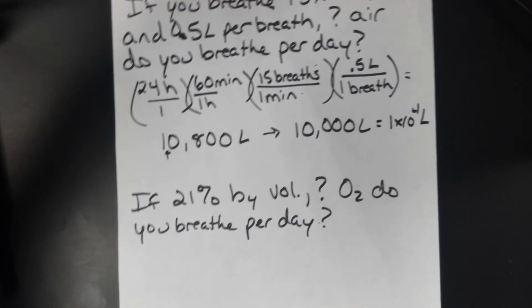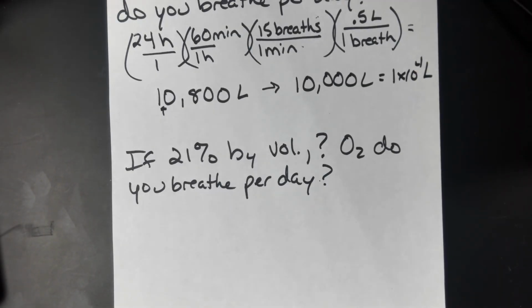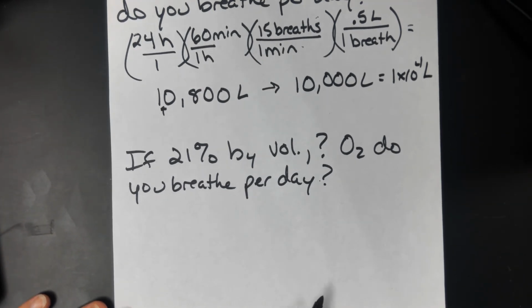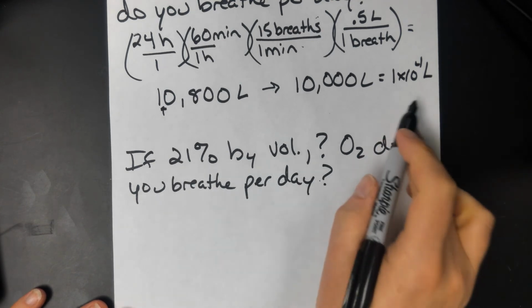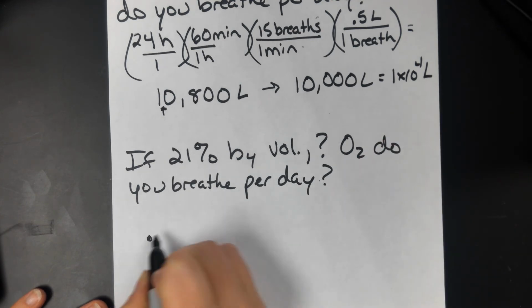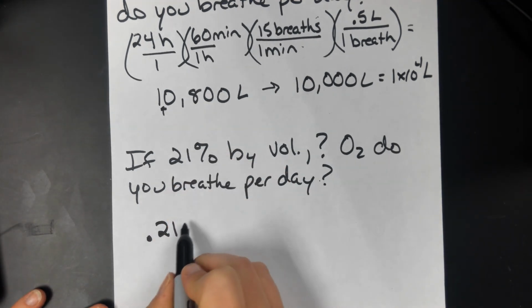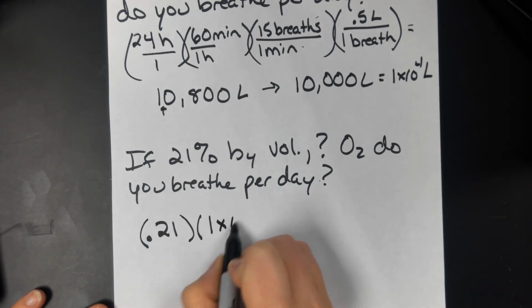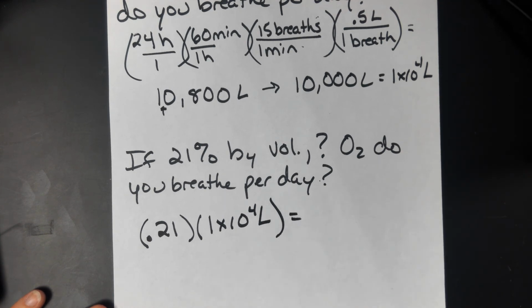Then the next part is, if 21% of this is pure oxygen, how much oxygen do I breathe per day? All you do is multiply 0.21, which is the same thing as 21%, times this volume. So 0.21 times 1 times 10 to the 4 liters, let's see what we get there.